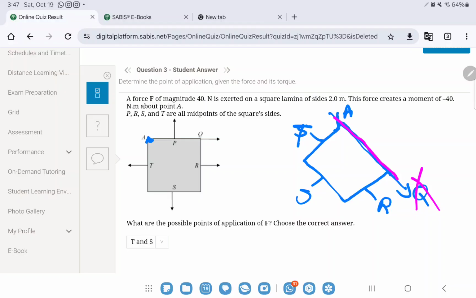And we know that our moment is negative 40. If it's negative, then it has to be from the ones that go clockwise. Let's see, does R go clockwise? R could go clockwise, but it's way shorter for it to go like this than for it to go like this. So you always choose the shortest route.